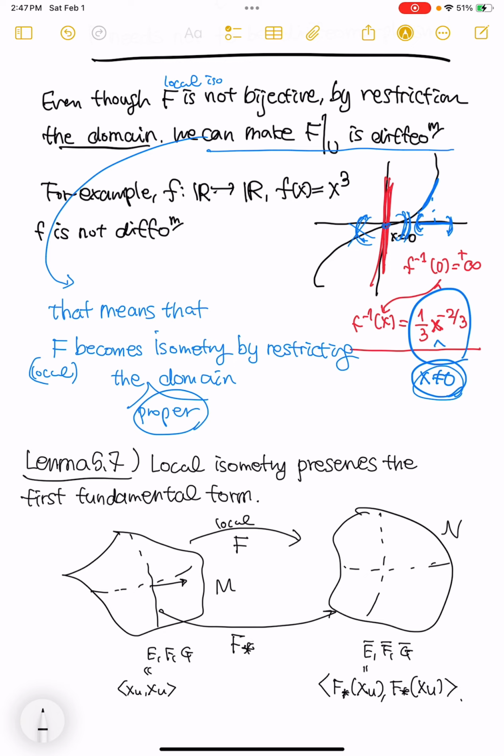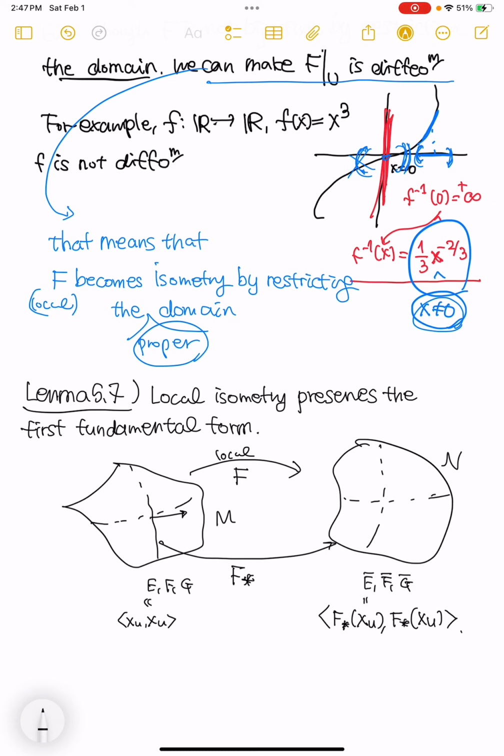In a similar fashion, we can describe F bar and G bar.